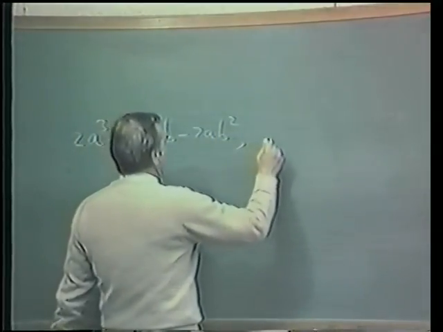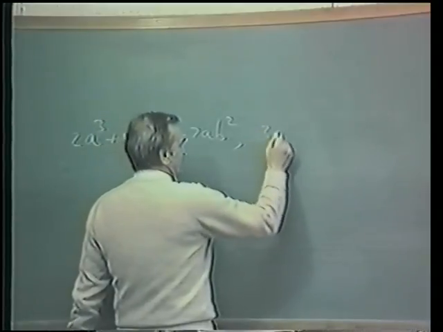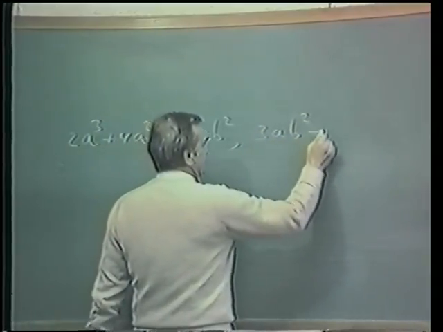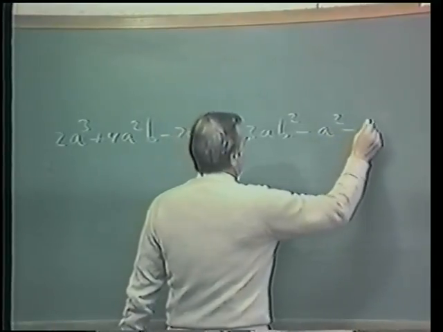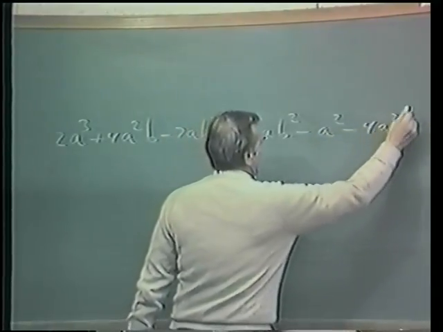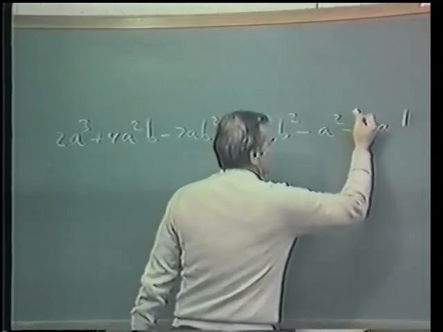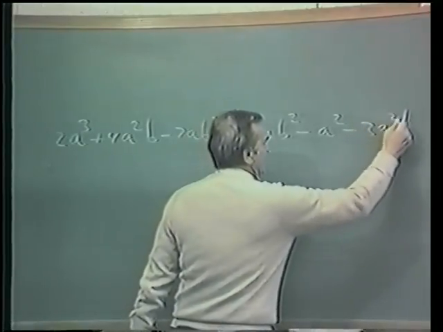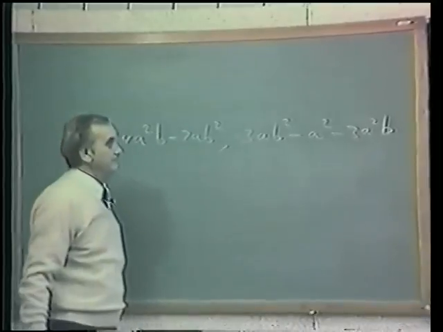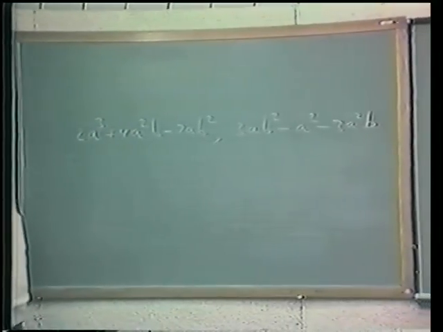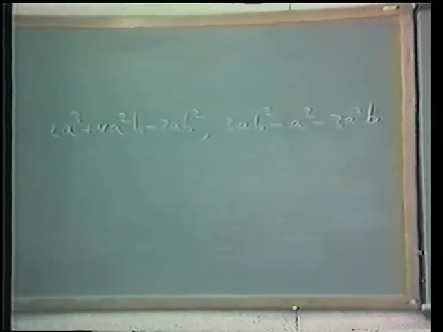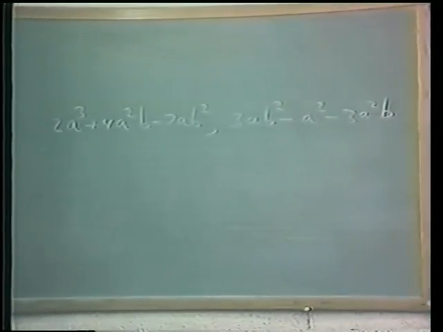And then we have 3ab to the second minus a squared minus 4a. Now let's change it. 3a squared b. See if you can find an answer, hopefully the correct one, in adding those two expressions.